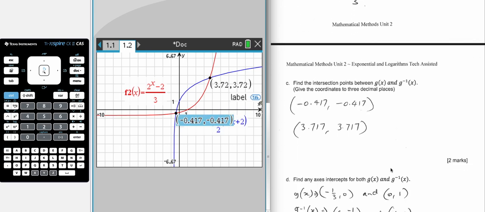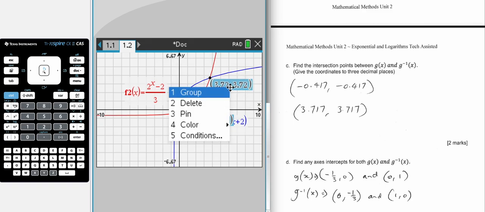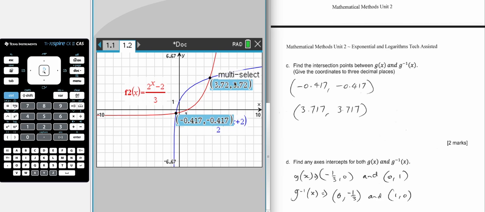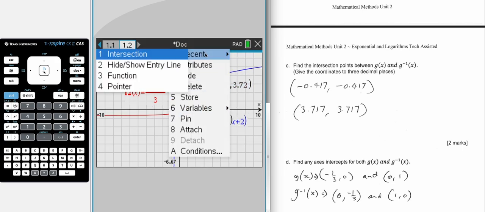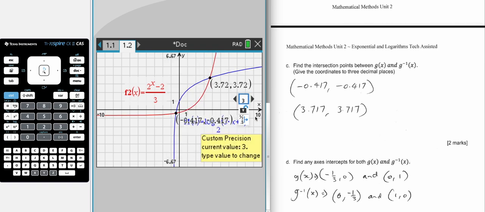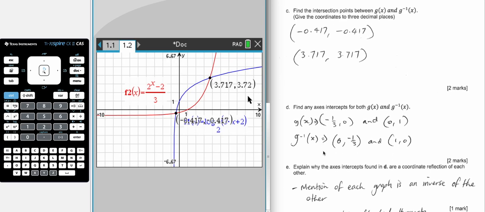Now, of course, we're talking about 3 decimal places, so you might have to right click on that and change the attributes to 3 decimal places, so then you can see what the value is going to be. Easily do that, or you can do it this way. Up to you which way is easier for you.